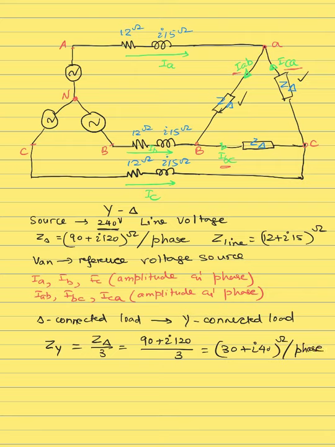And now for analyzing the system, we can make use of a per phase equivalent circuit, meaning we'll draw the circuit only for one phase. We will solve for one phase, like I_A, and the rest we'll see.